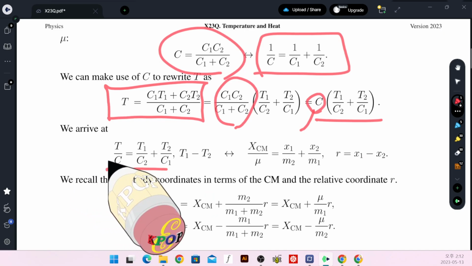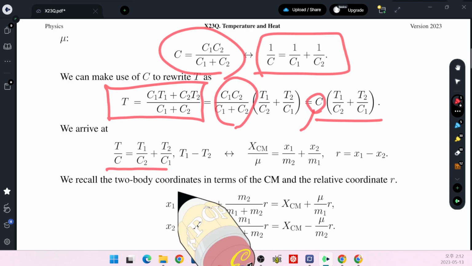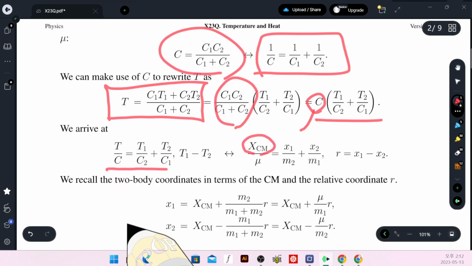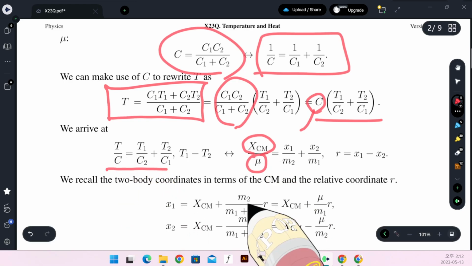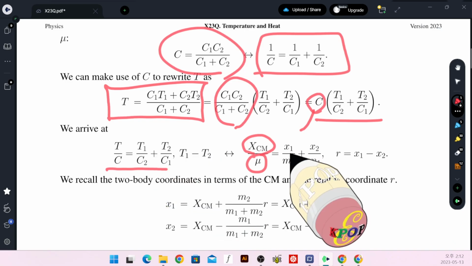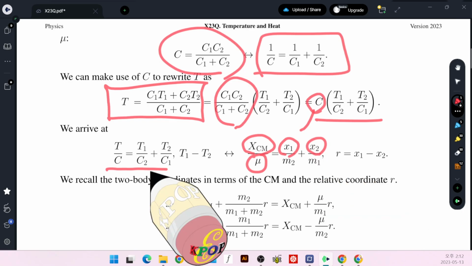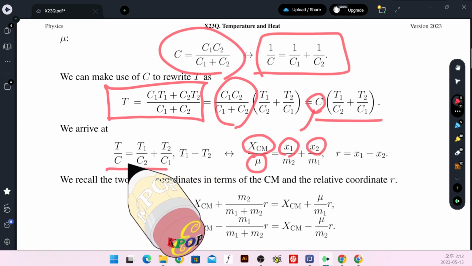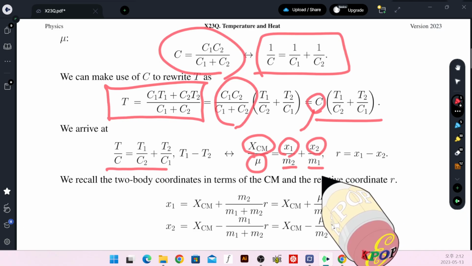Why don't we replace these variables with the kinematic variables of the two-body system? The T is to be replaced with the center of mass. C is replaced with reduced mass. T1 and T2 are replaced with the position vectors in one dimension. And we find that these heat capacities are replaced with the mass of the other particles.